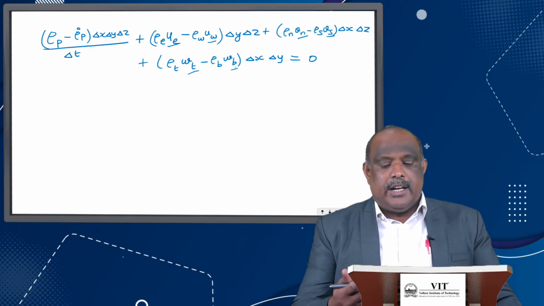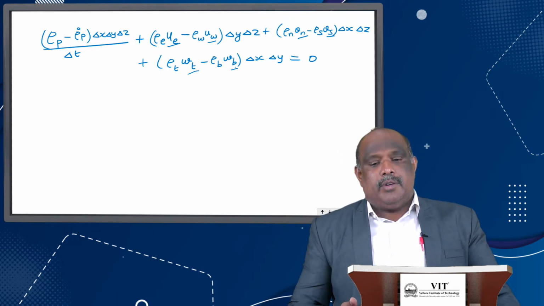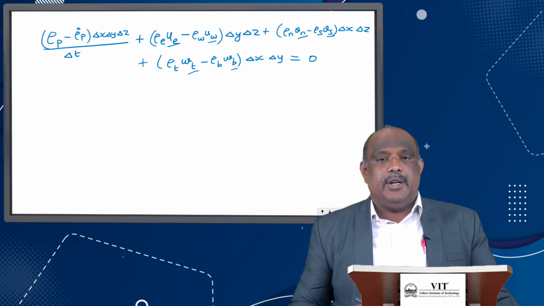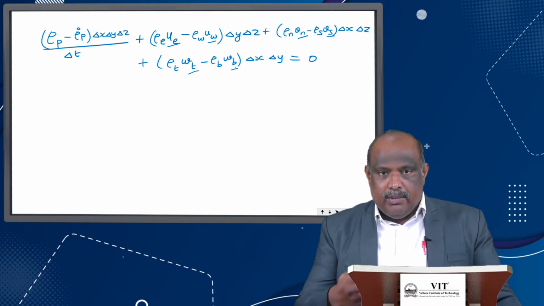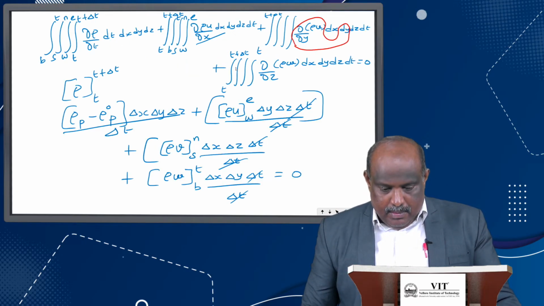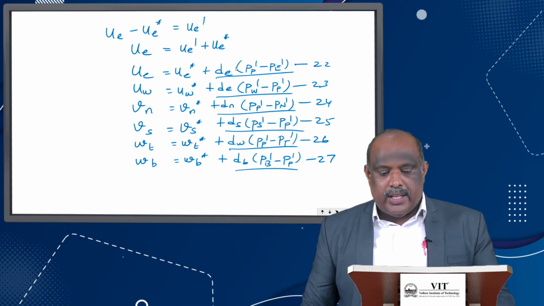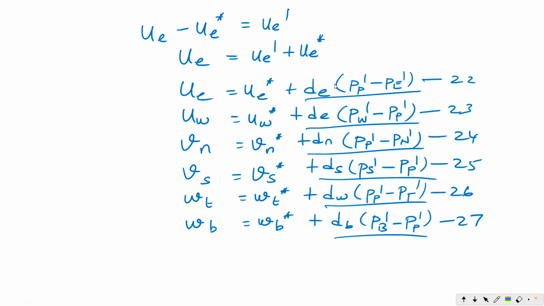Now let us take the values from the momentum equation and substitute them in the kinetic equation. Let us go back and see what the values are. You can see here I have the values of UE, UW, VN, VS, WT and WP.